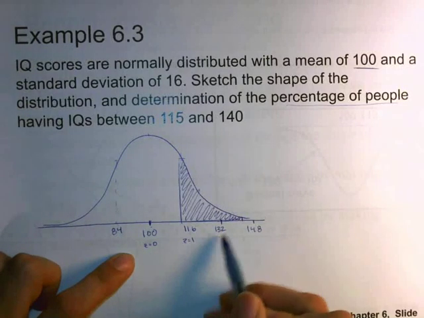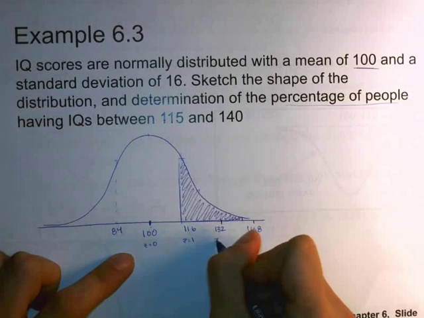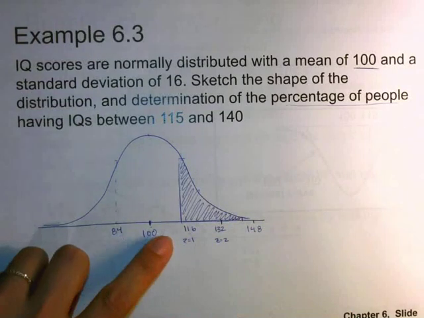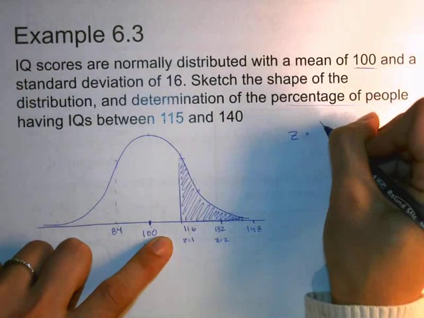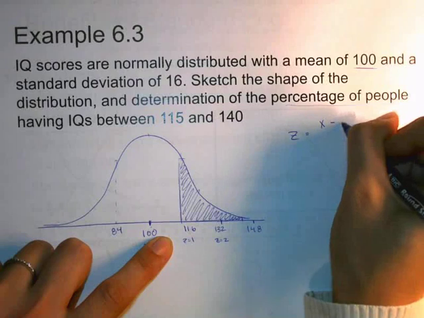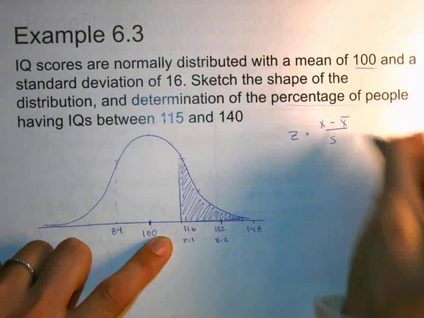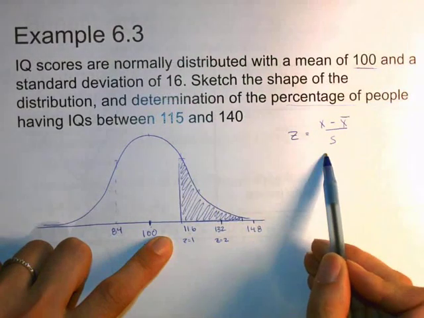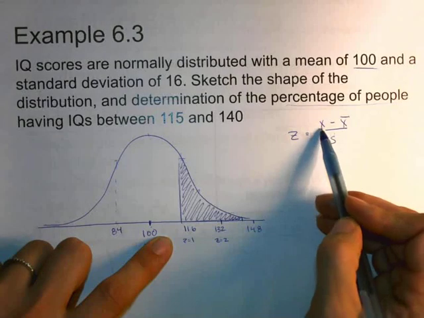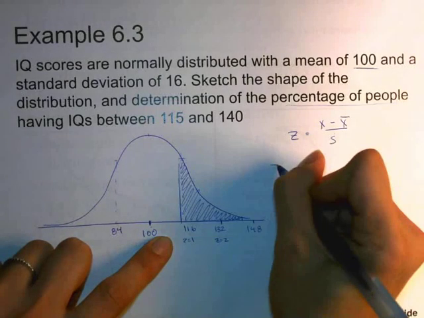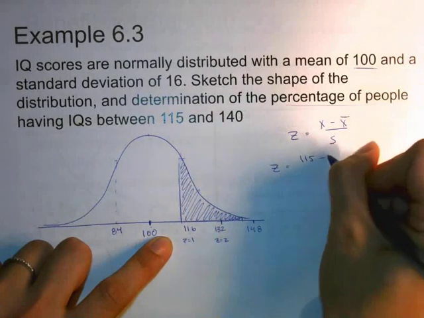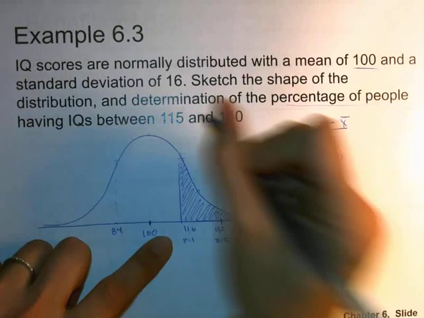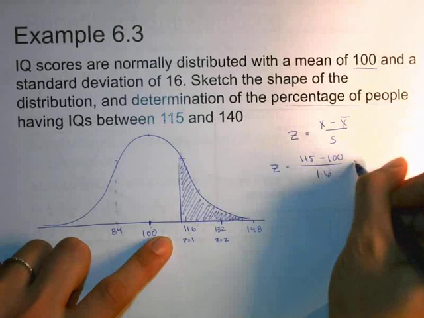A value of 100, that's z equals 0. A value of 116, that's 1 standard deviation above the mean. That's z equals 1. A value of 132, that's z equals 2. What's a value of 115? Remember the formula for the z-score?